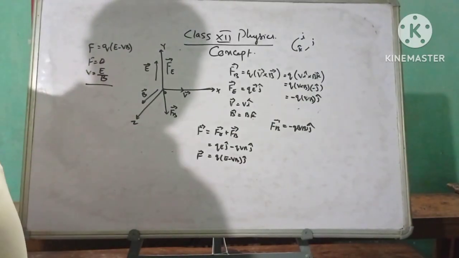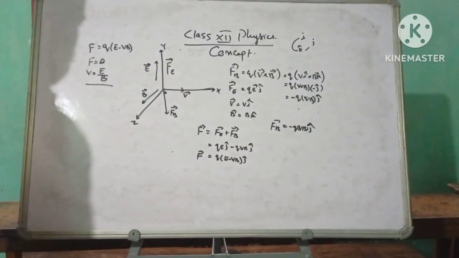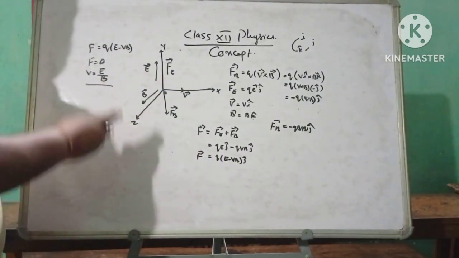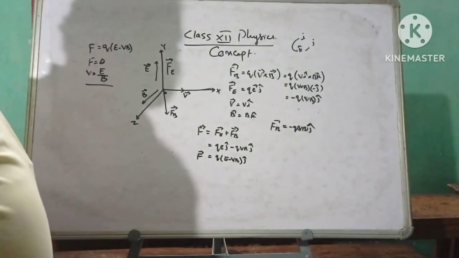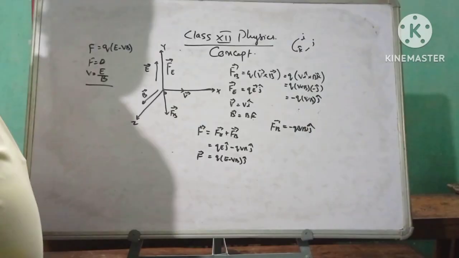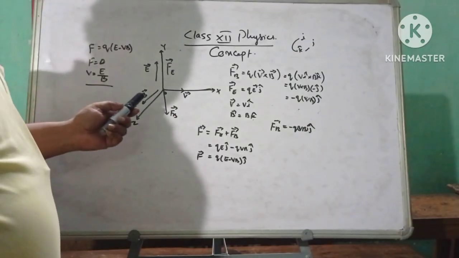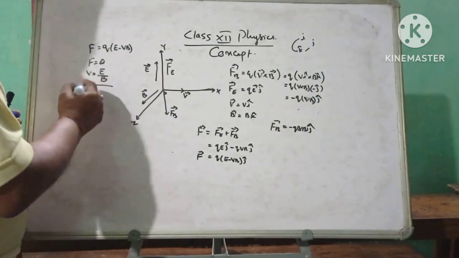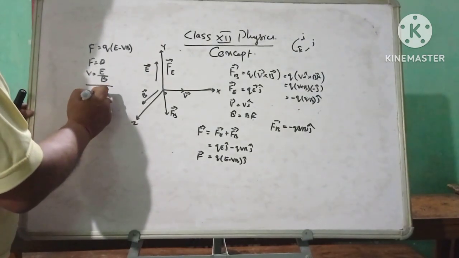That means a charge whose velocity is equal to E by B will move in the x direction undeflected.